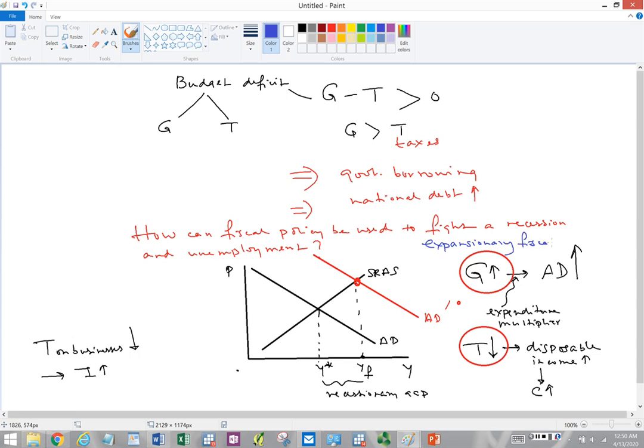Expansionary fiscal policy. Fiscal policy designed to expand aggregate demand, shift the AD curve to the right, thereby narrowing a recessionary gap. So this is how fiscal policy can be used to fight a recession. Now, what about inflation?